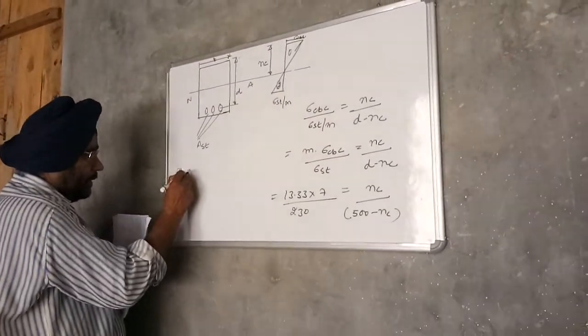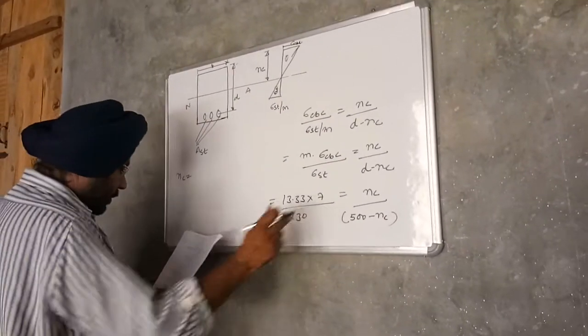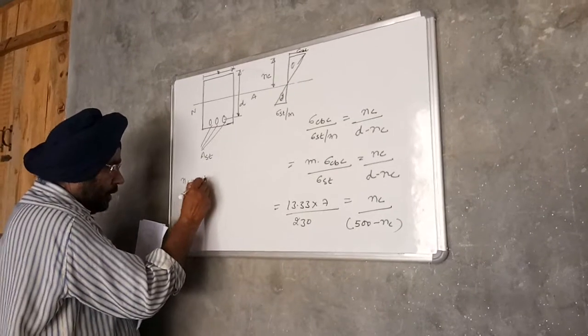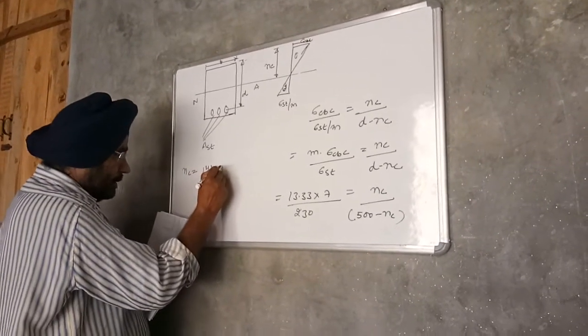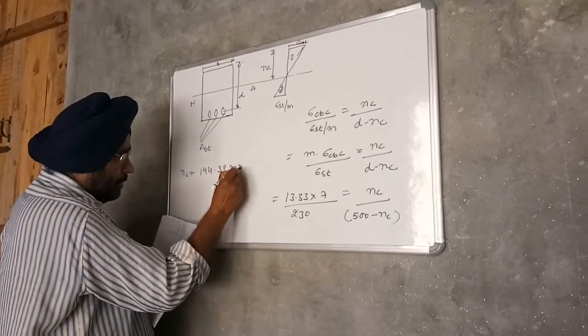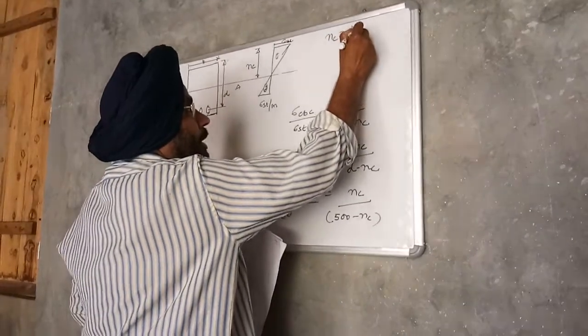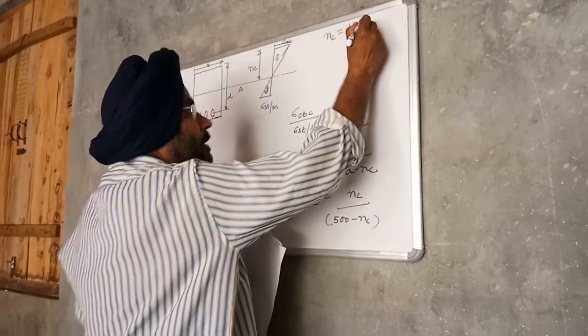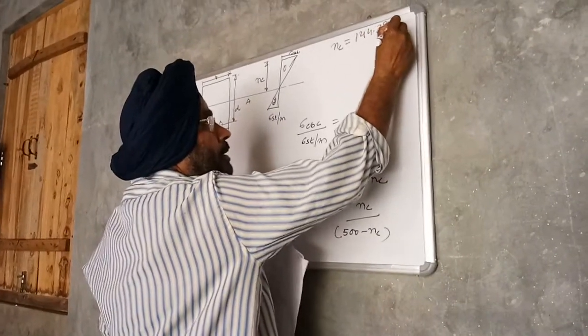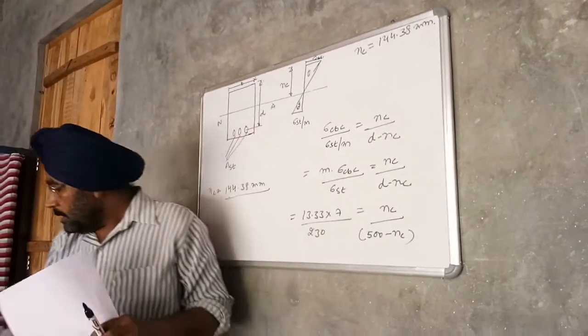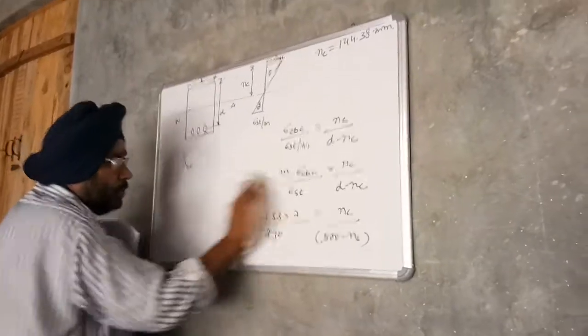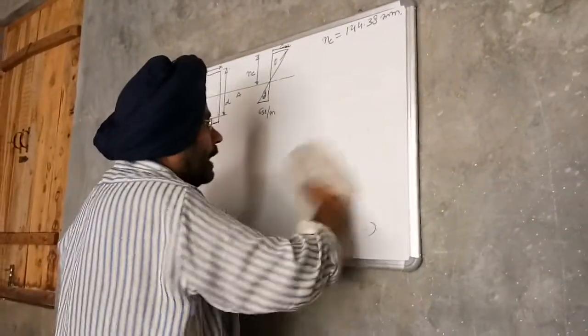Its value is 144.38 millimeter. So Nc, the critical neutral axis, is 144.38 millimeter. Then second, we will determine the depth of the actual neutral axis.